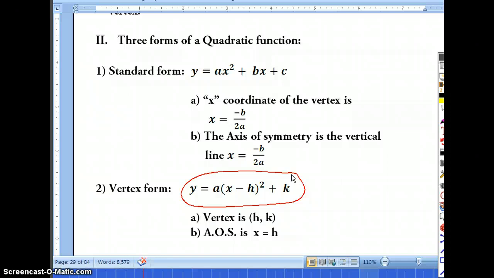So a lot of kids are very comfortable with vertex form because vertex form mimics what they had been doing with absolute values. So hopefully you understand those two ways of graphing a parabola. What I'm going to do right now is scroll up a little bit and give you the third form.